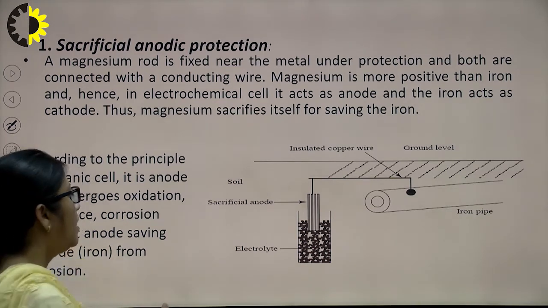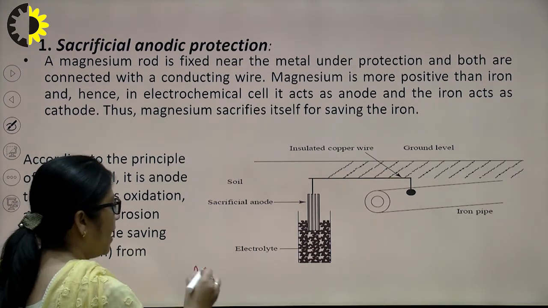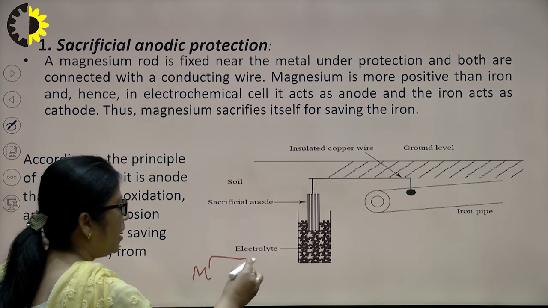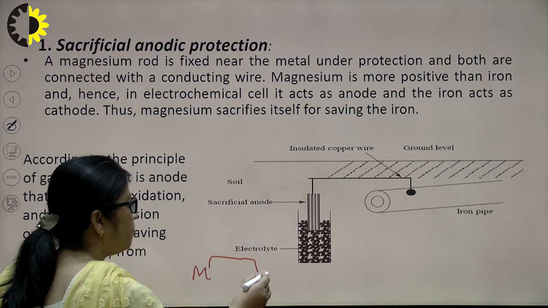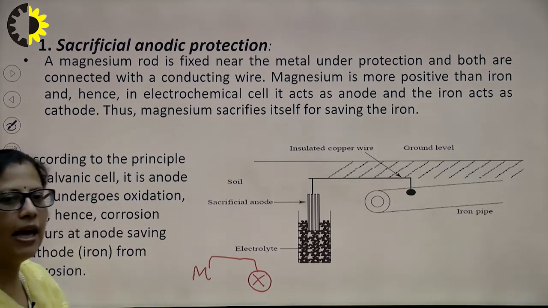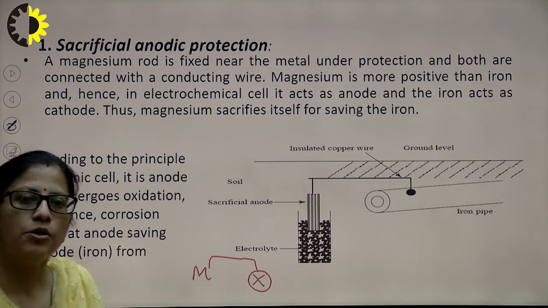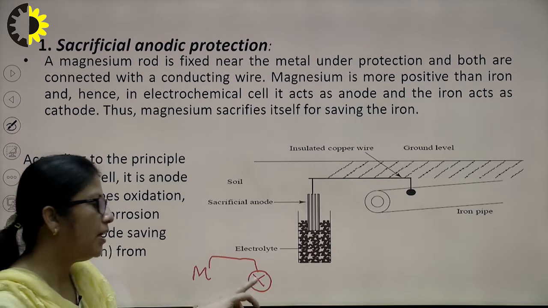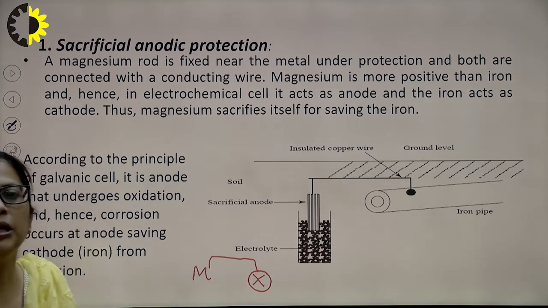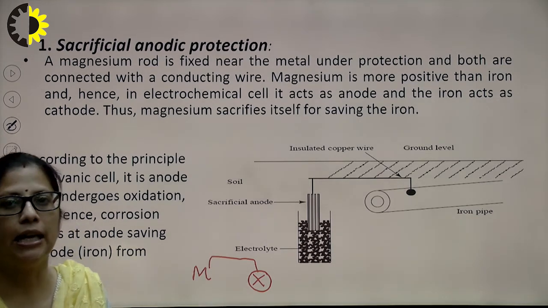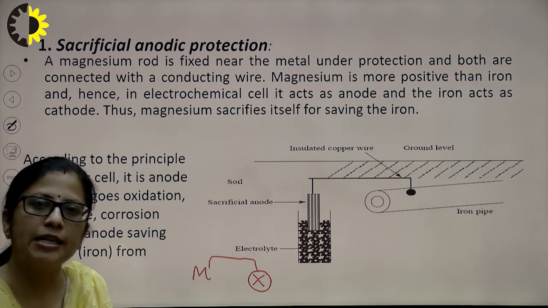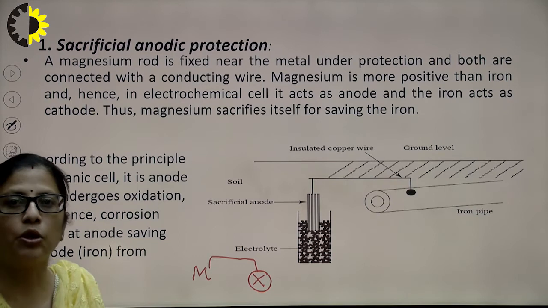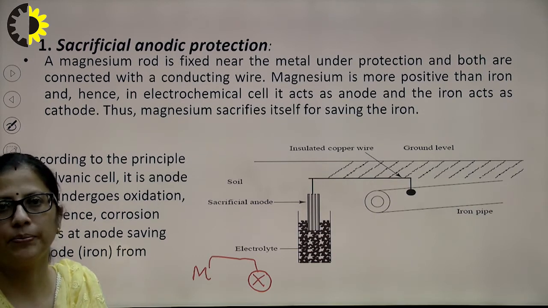What I said, if we want to protect M, then this metal should be connected through wire to another metal which is more anodic than our metal. So, in comparison to this metal, our own metal is going to be cathodic in nature, and we have studied that the corrosion always takes place at the anode and the cathode is always protected.